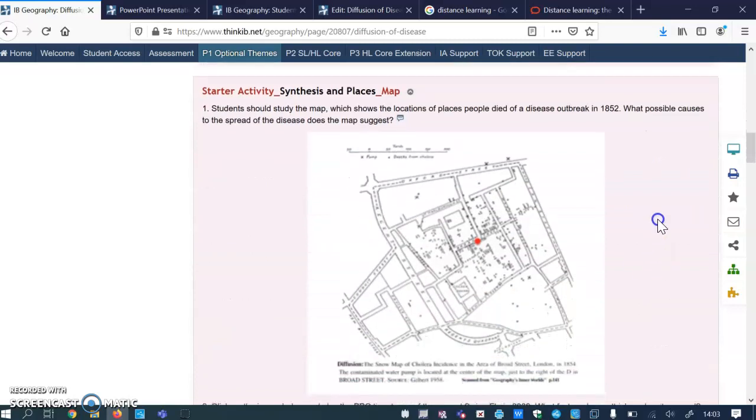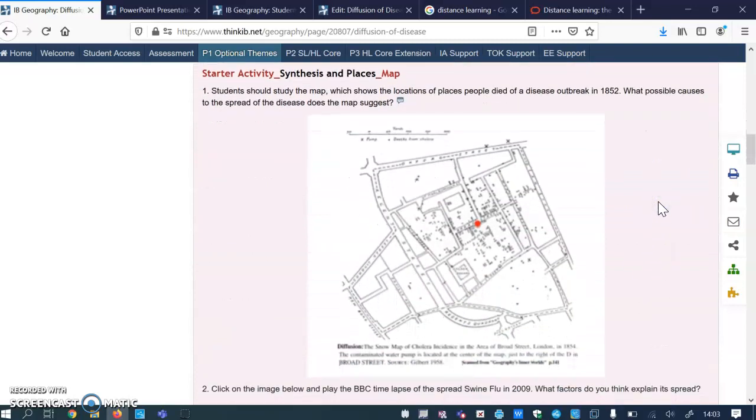So when we start to look at the spread of disease, we can see in this first map on the spread of cholera, and this goes back to the original outbreak in 1852 when they really didn't know what cholera was. So what they did was they created this cluster map. And from that cluster, you can see a decay with the distance away from a core.